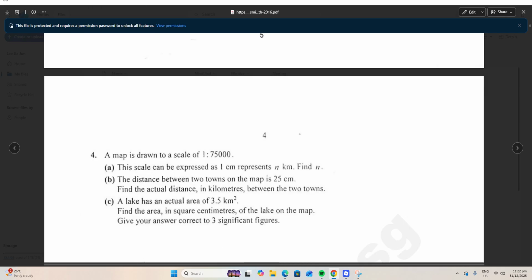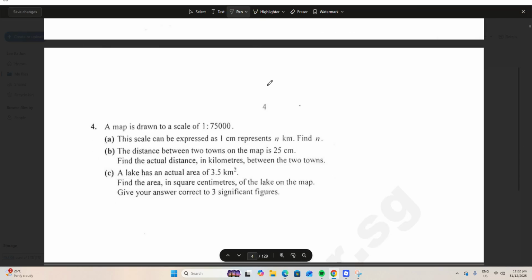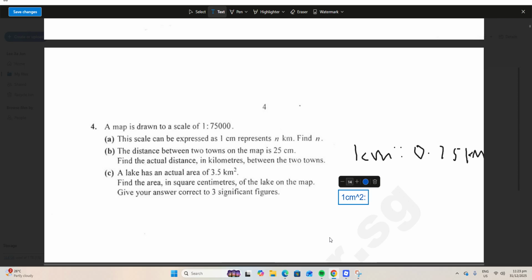Some may not understand why you have to do that. Just remember, for every 1 cm you will get 0.75 km. So when you square it, 1 cm squared will give you 0.75 squared, right?